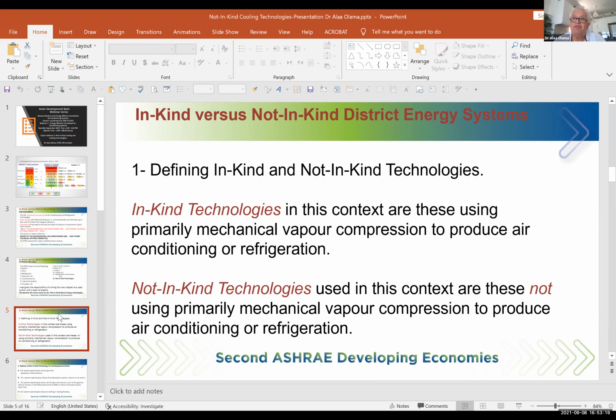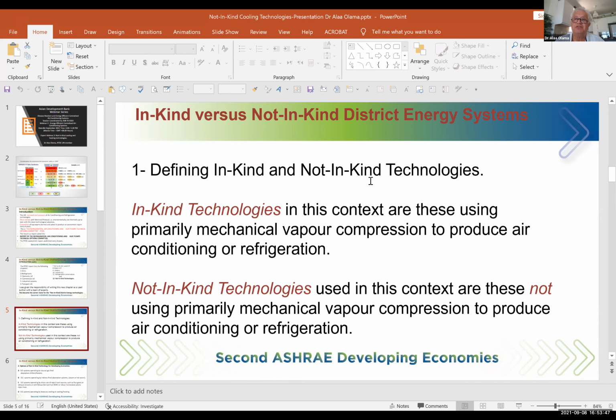We are more familiar with the mechanical vapor compression system and with the systems that do not utilize anything but electric energy to produce cooling. Not-in-kind cooling technologies are those that utilize some electric power, but the majority of the power is coming from renewable sources.